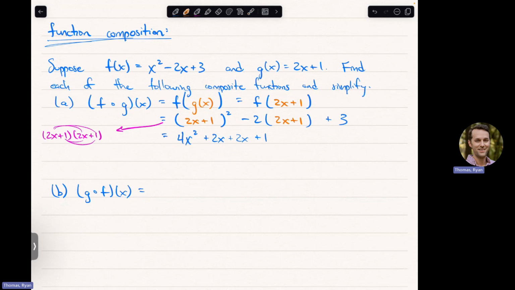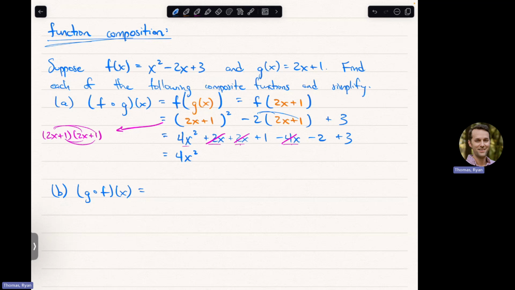Here we've got a 2 to distribute, so negative 2 times 2x, negative 2 times 1, and then plus 3. And now that everything's expanded, I'm just going to look for like terms. There's only the one squared term. 4x plus 4x minus 4x, so 2 plus 2 is 4 minus 4, so those actually add out.